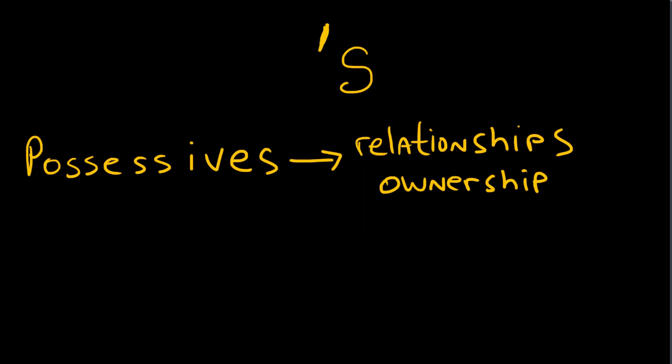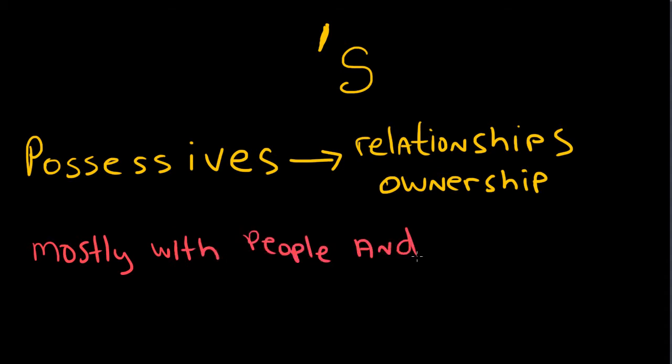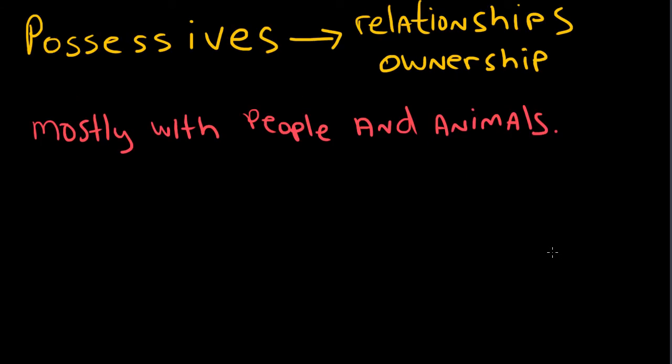So let's look at an example of how we use apostrophe S. We use apostrophe S mostly with people and animals. So let's look at an example of the apostrophe S in action.